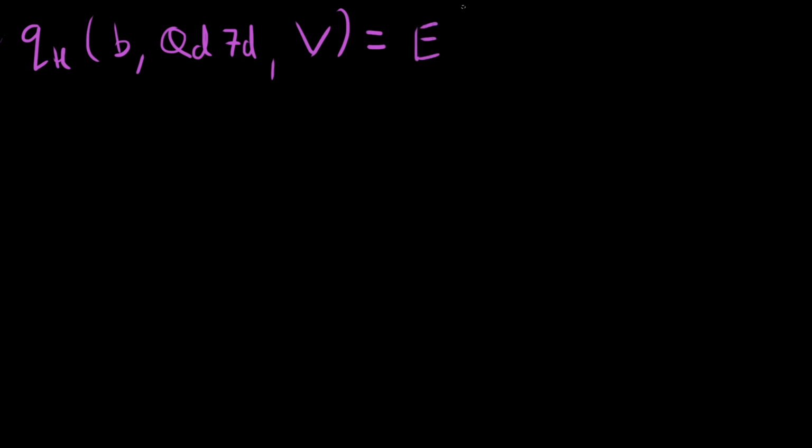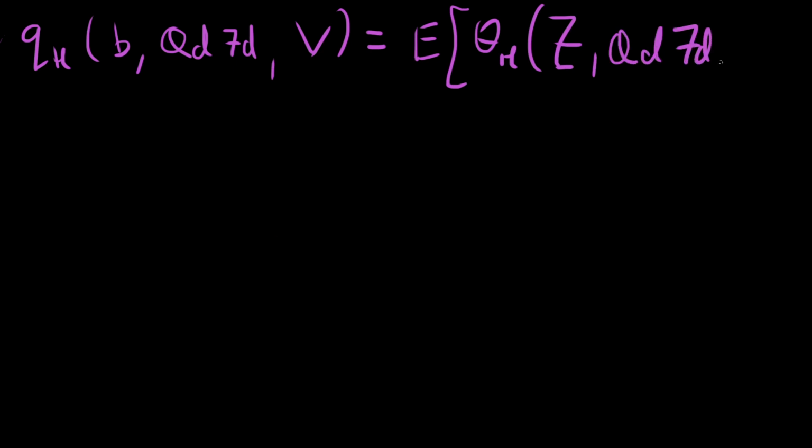So this is the expectation of the showdown function for our random variable Z, which is the uniform random variable on top of RB, to be specific, of queen of diamonds, 7 of diamonds, and villain's hand V. So expected value.